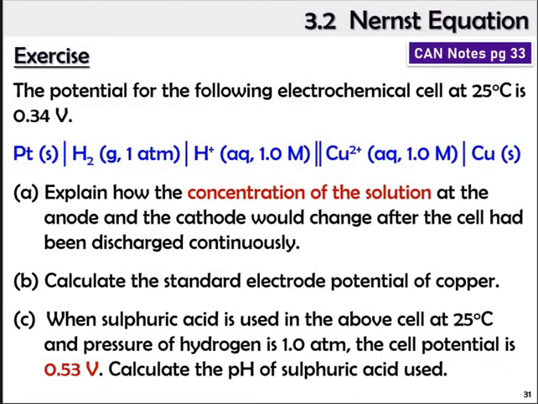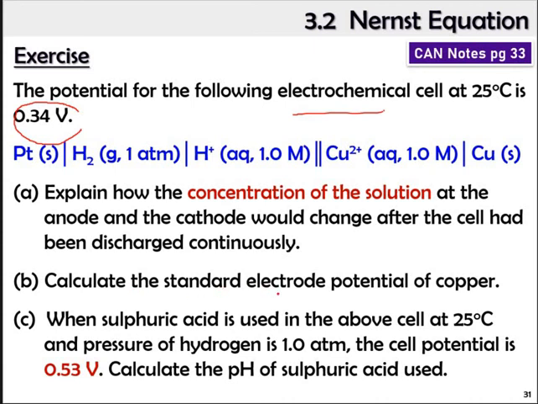The potential for the following electrochemical cell at 25 degrees C is 0.34. So this is the potential for the electrochemical cell, E cell. Okay. So explain how the concentration of the solution at the anode and cathode would change after the cell had been discharged continuously.